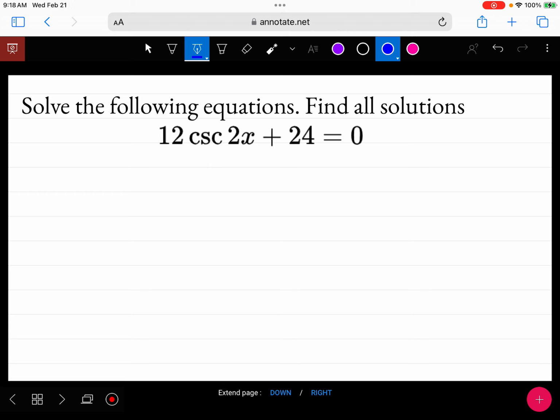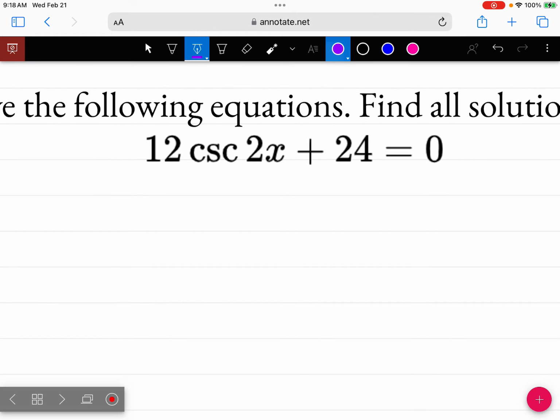All right. So what's our first instinct here? Subtract 24 is fine. You can absolutely do that. Let's do it. Minus 24 from both sides, totally fine.